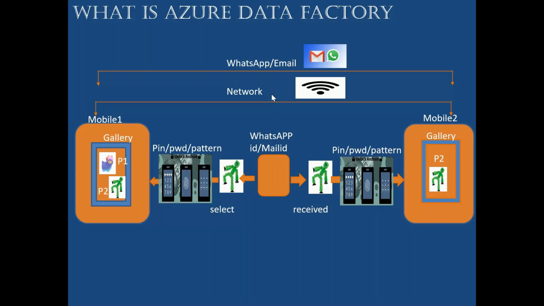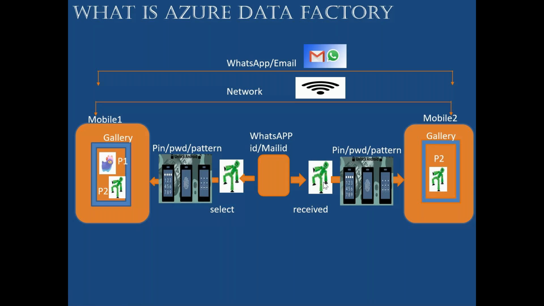If you see, to move some images from mobile one to mobile two, you have to establish two connections, one connection for mobile one, another connection for mobile two. Similarly, you are selecting the locations in two different places. On the source side, you are pointing to the source location from where we need to read these photos, and on the target side, we are pointing to where these photos should be saved.